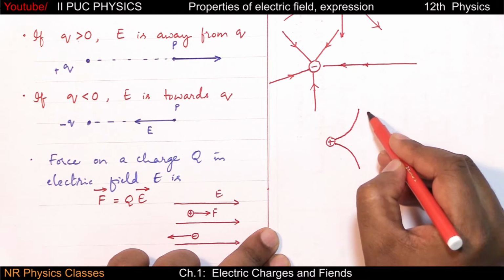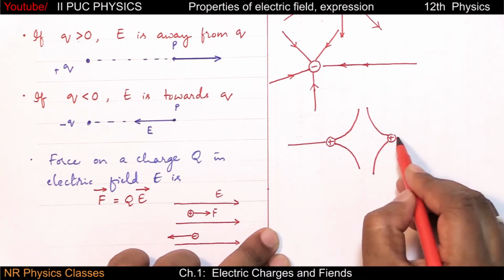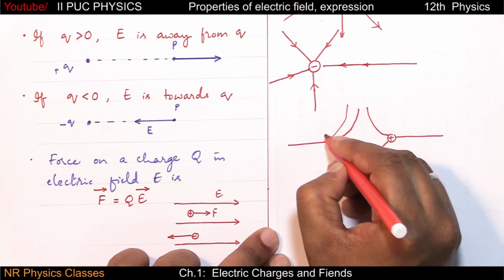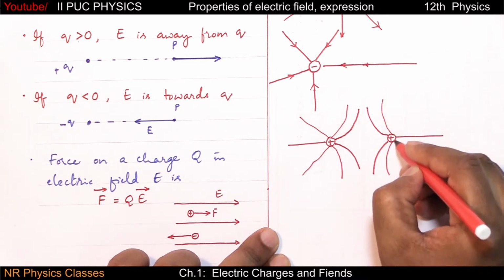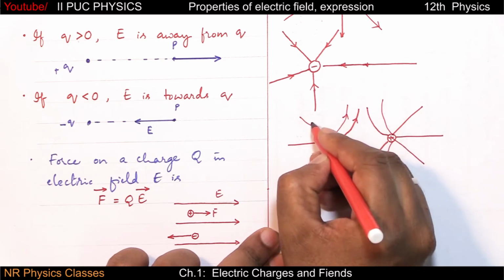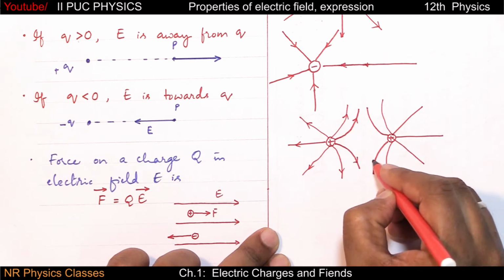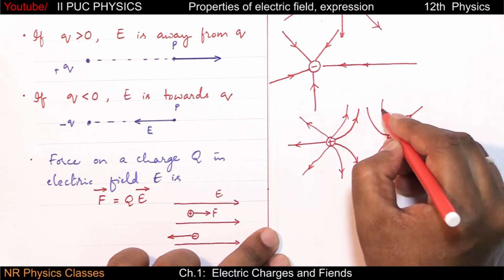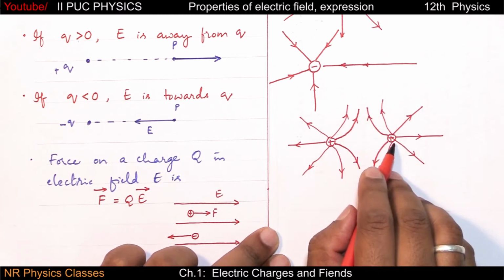From each positive charge, electric field lines. And the direction, you know, for a positive charge electric field is always outward. So concentrate on the direction. These are the electric field lines due to identical positive point charges.